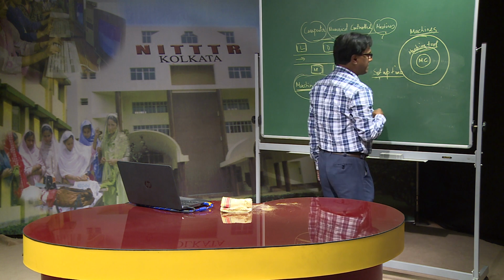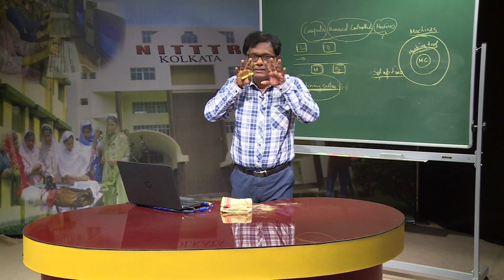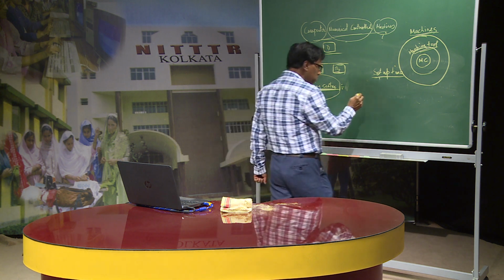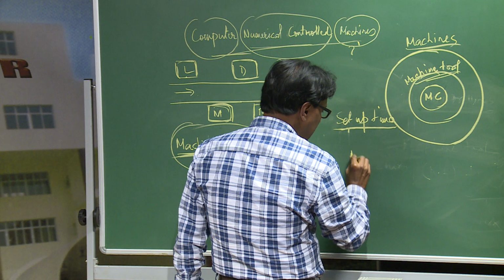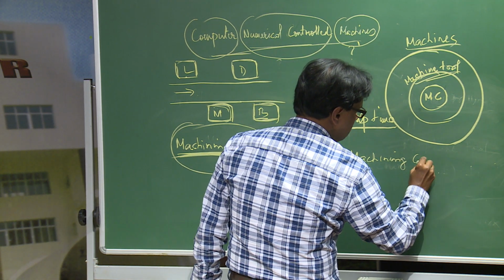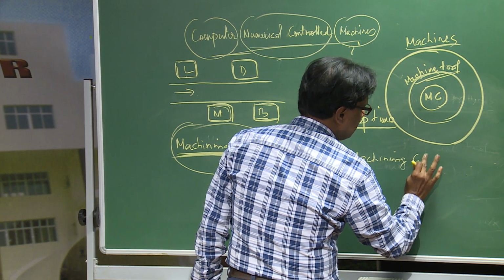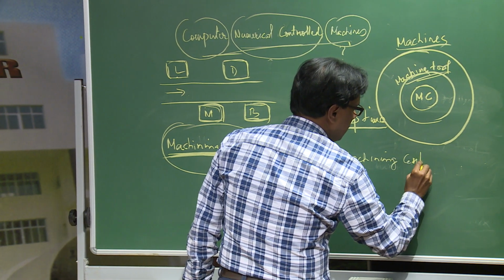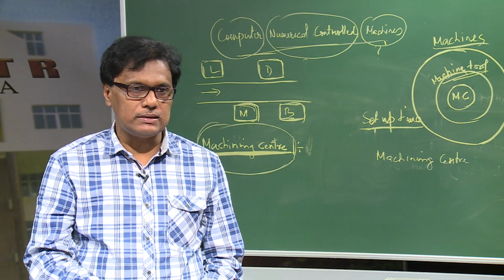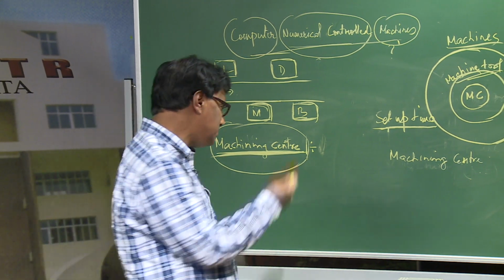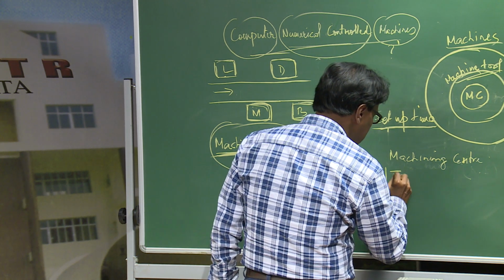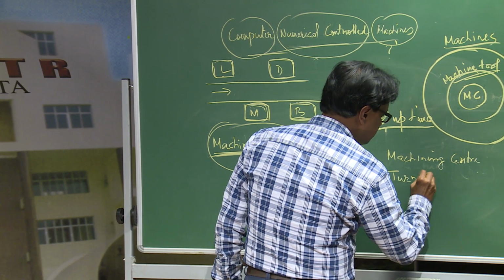If multiple operations can be performed in a single job, and it is a milling machine, then it is called a machining center, and this machining center can be a vertical machining center or a horizontal machining center. If the same multiple operations are performed in a lathe machine, then it is called a turning center.